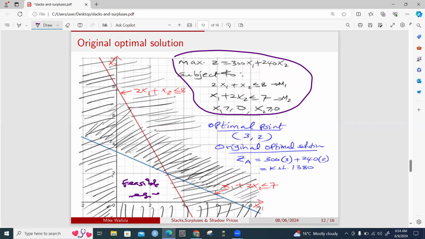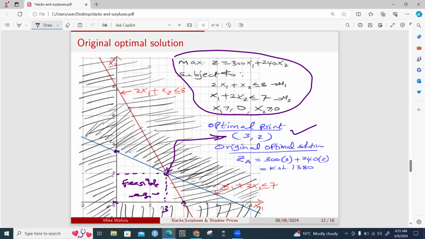If you consider all these corner points, we are able to get that the optimal point is this particular point here. That point is (3, 2). That's the point that will be optimal.